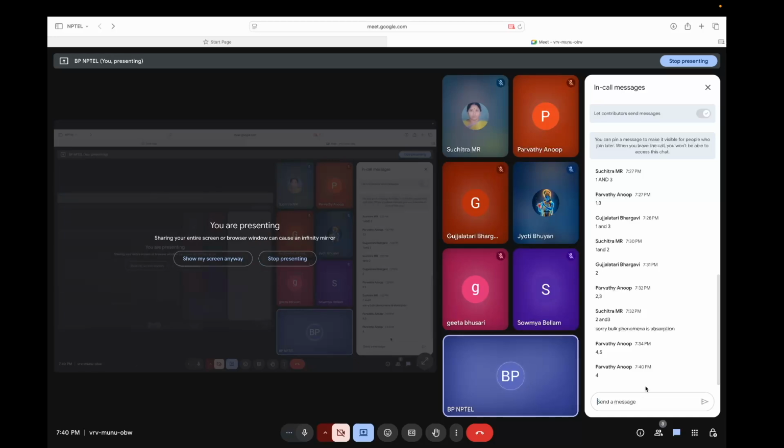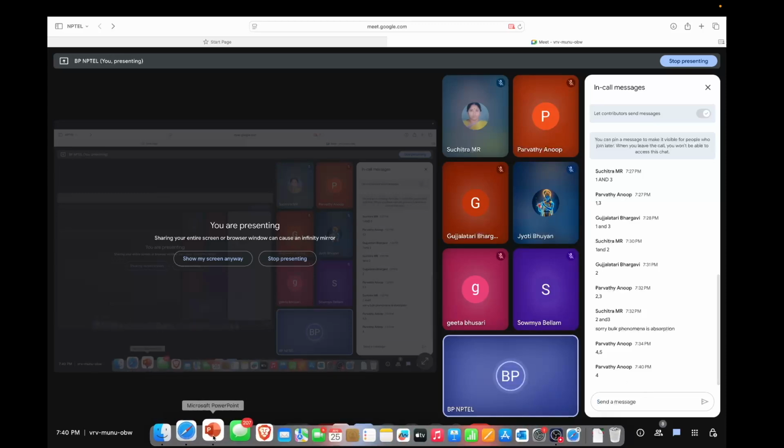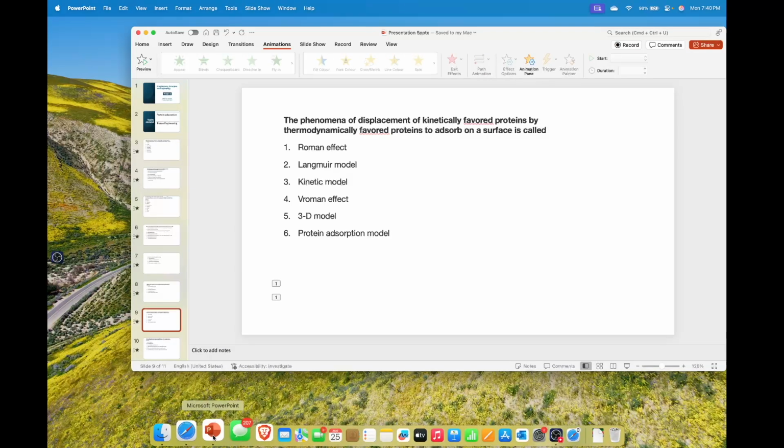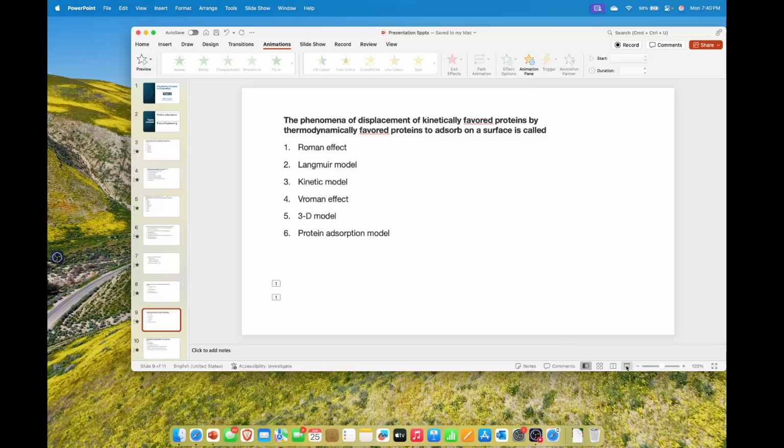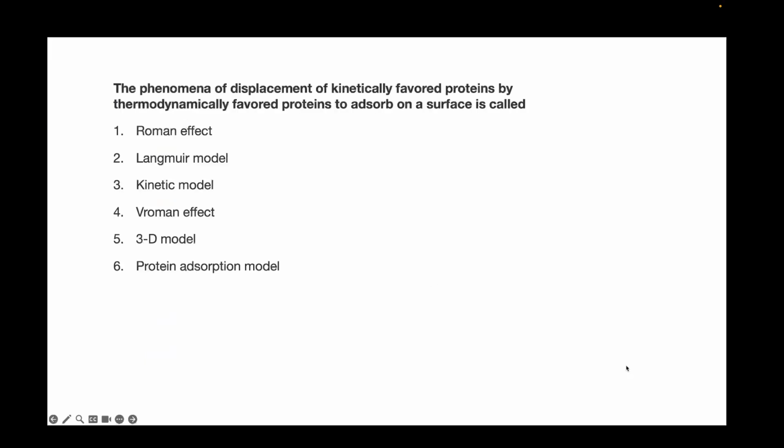Option 4. Okay. Anybody else? You have to select one correct option here. It is a direct question. Which of these describes the phenomenon of displacement of kinetically favored proteins by thermodynamically favored proteins?